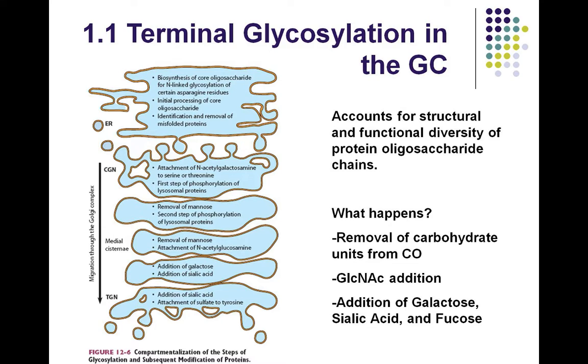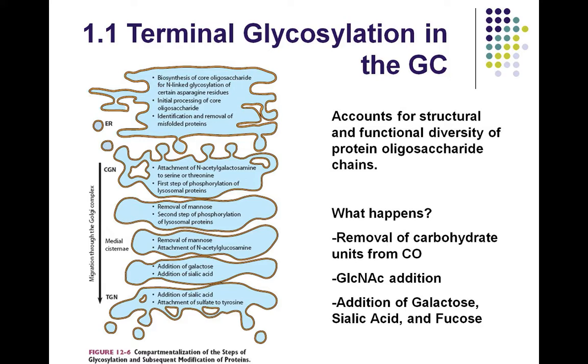In the Golgi complex, as I've already hinted a while ago, a lot of removals, polishings, and branch modifications happen. These serve very important purposes because the final function of the translated protein will be heavily dependent on the nature of the core oligosaccharide, the sugar chain, attached to it.